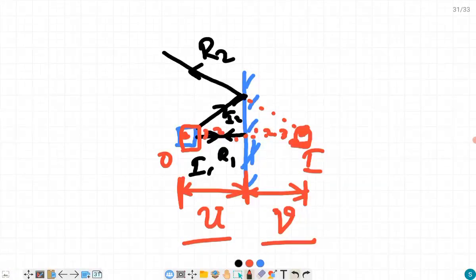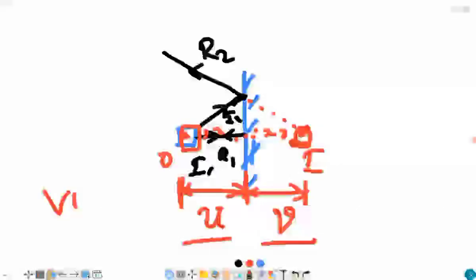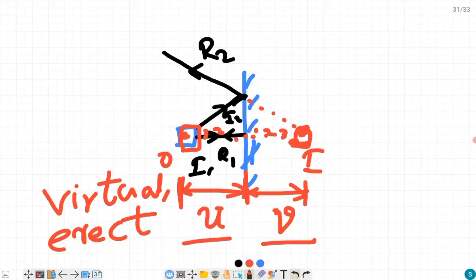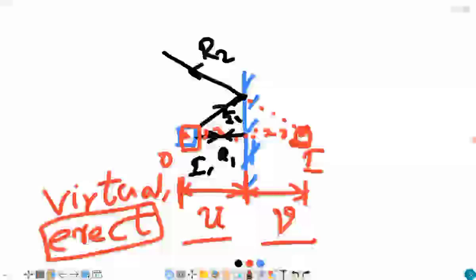And the size of the object is equal to the size of the image. And it is a virtual image and it will be erect. Erect means same, straight. However you stand in front of the mirror, your image also will stand like that only. That is called erect.